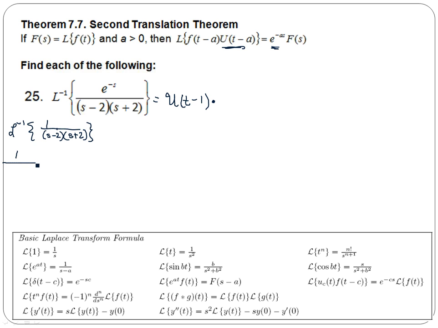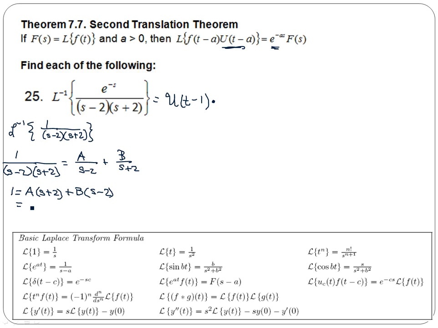And so to find the inverse Laplace of 1 over (s minus 2)(s plus 2), I'm going to use partial fraction decomposition. I'll set my fraction equal to A over s minus 2 plus B over s plus 2, and then multiplying through by the common denominator, I get 1 equals A times (s plus 2) plus B times (s minus 2).